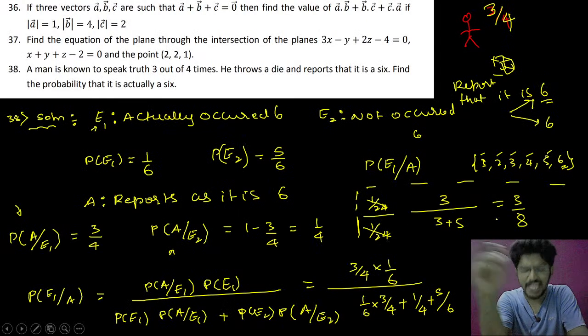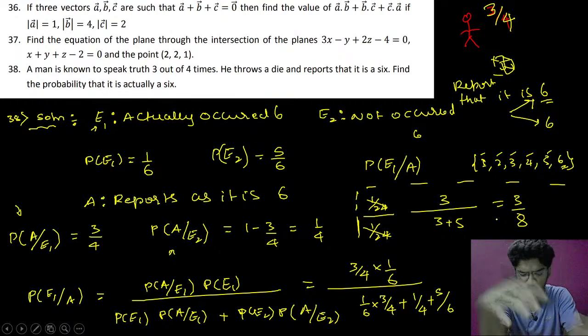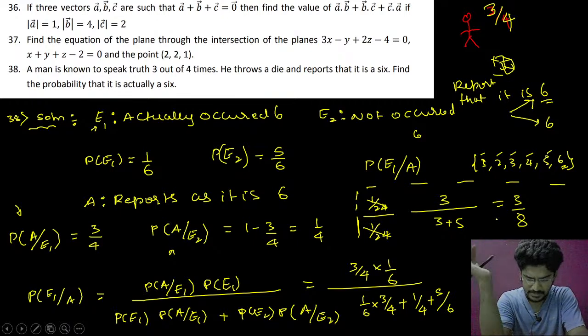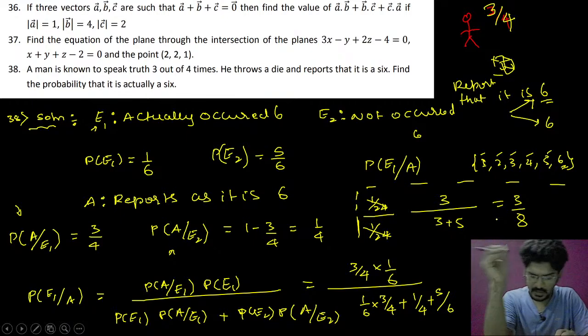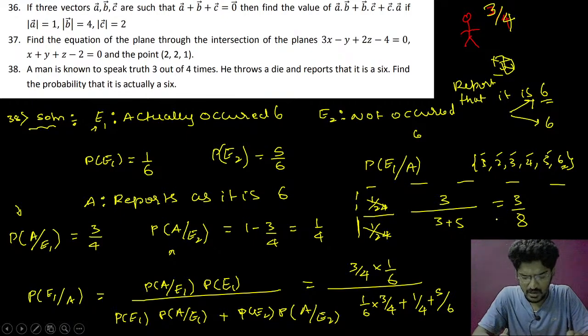Tomorrow morning at 10:30 I will go with part D, and in the morning only, with a 1.5 hour session, we can finish part D and part E. So quickly tell me, all of you, have you understood this?